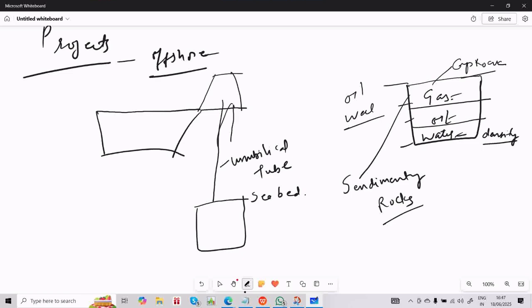Inside this umbilical tube, you have a drilling bit, which goes inside this tube and creates a hole here. Now you know that the depth is in kilometers. At the top of this seabed there is a lot of pressure.